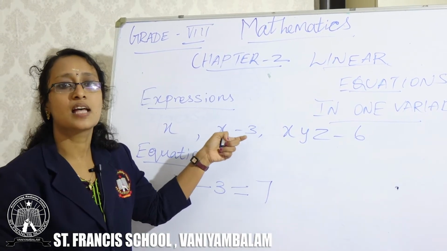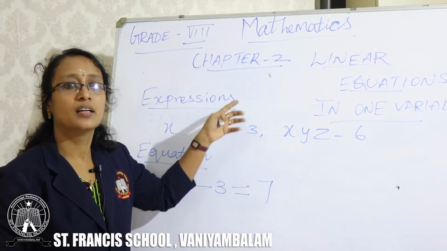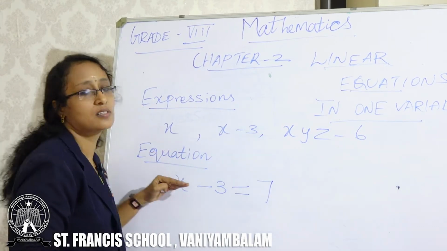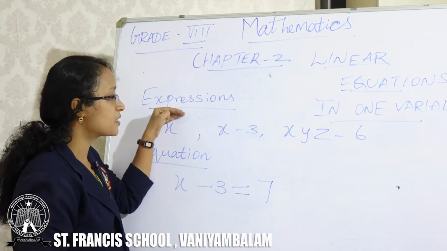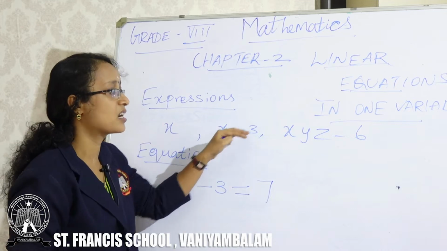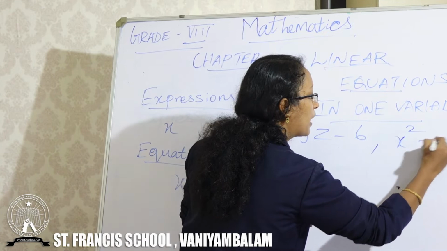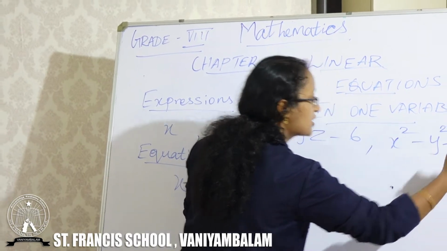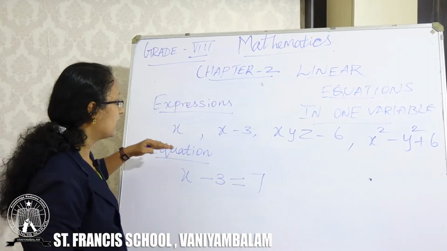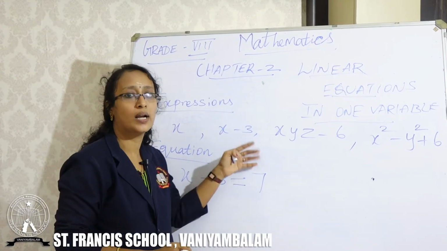Here the equality sign is missing. Am I right? Yes. This is your expression and this is your equation. In expression you have x minus 3, x, y, z minus 6, x square minus y square plus 6, but in an equation you have the equality sign.